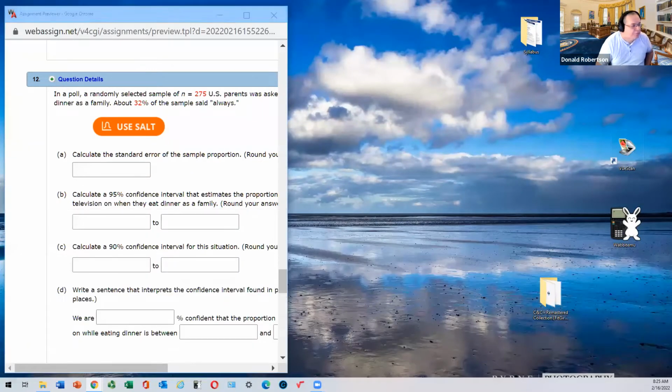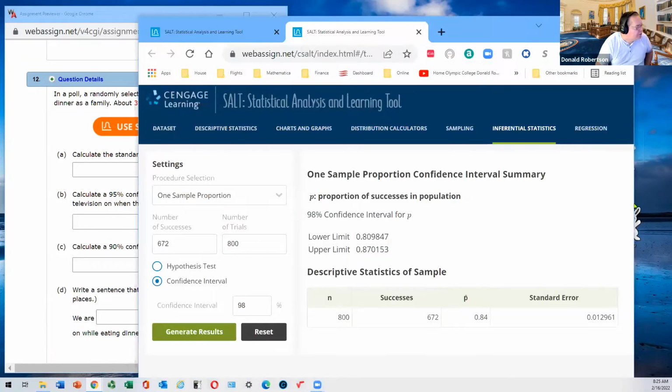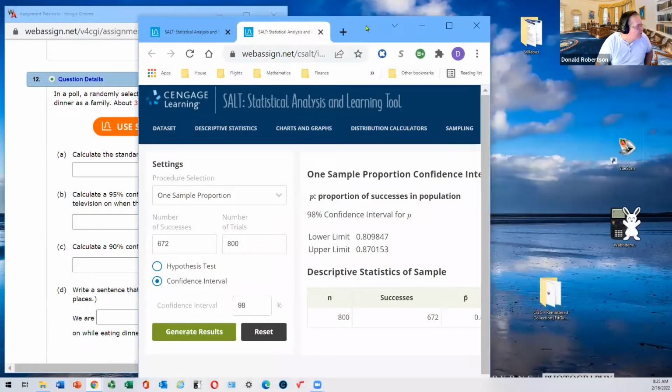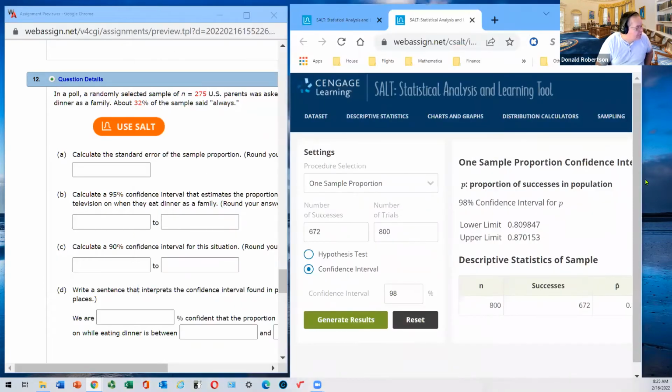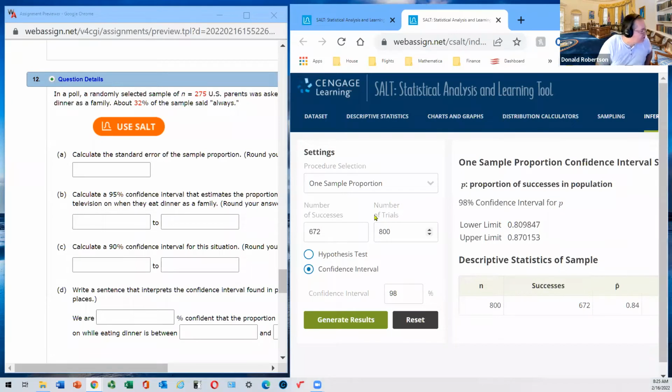Okay, bring this guy over. Right, are you seeing 2 screens side by side? Okay, so it's going to be 88 people out of 275. And the confidence interval could be 95. Let's do the 91, which means the one that goes here.